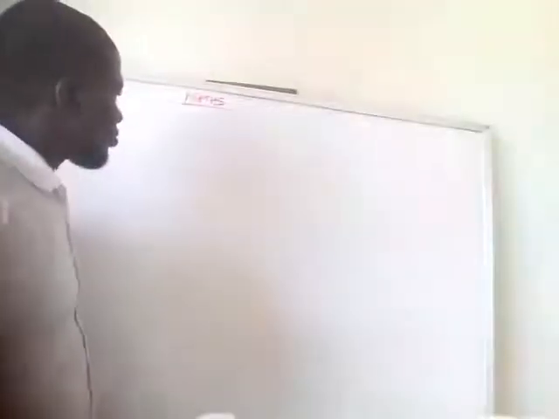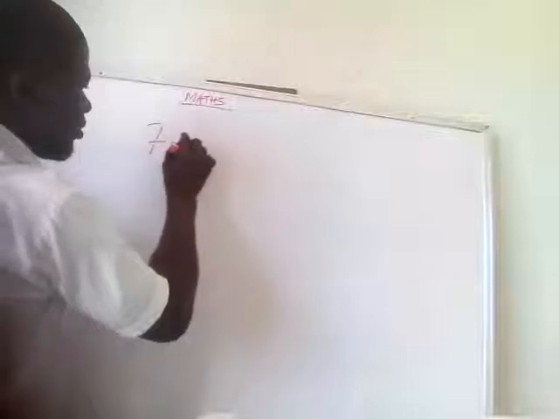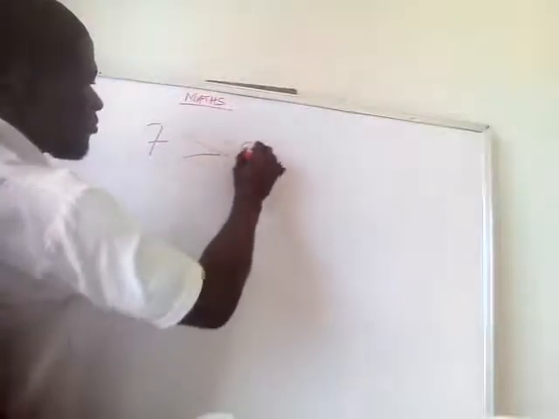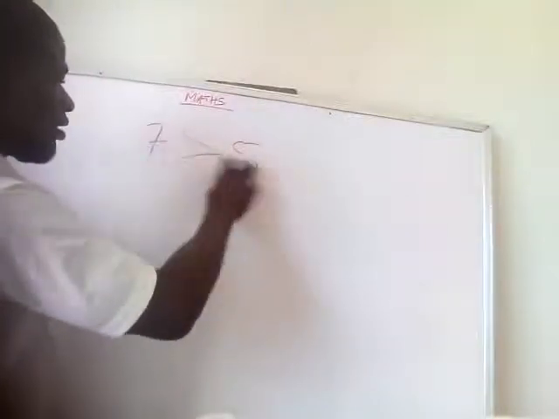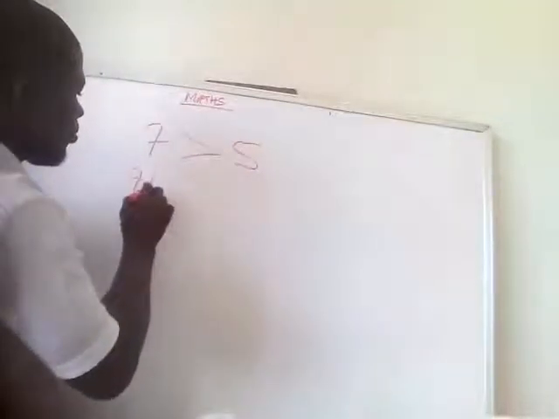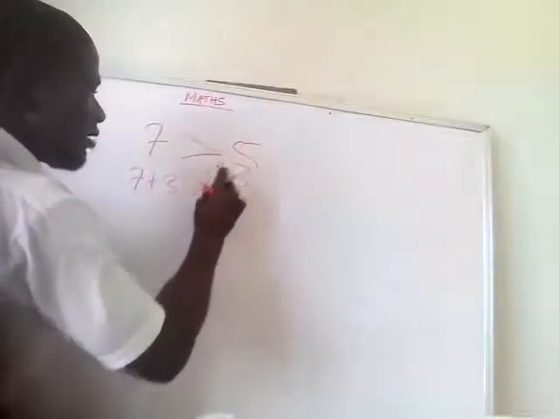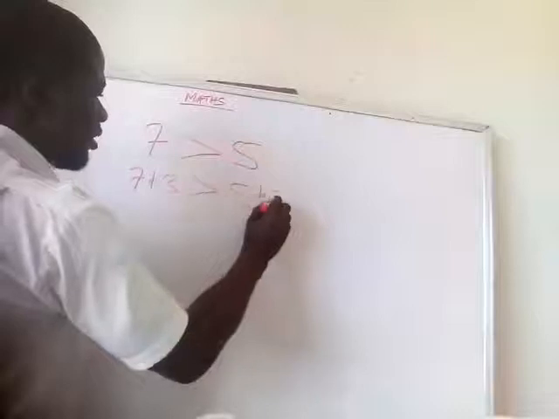let's prove it. Example 1, if you have 7 is greater than 5, if you decide to add, let's say 3 to both sides, you have 7 plus 3 is greater than 5 plus 3.